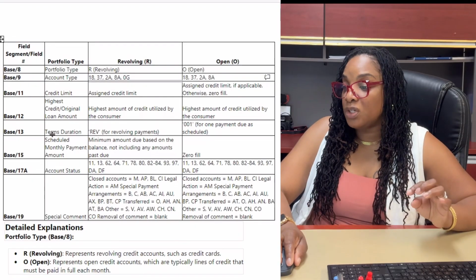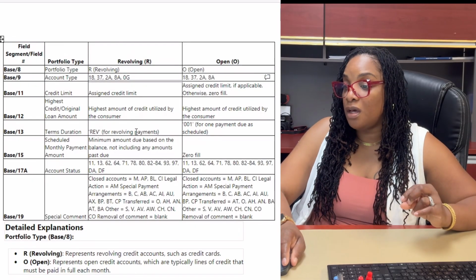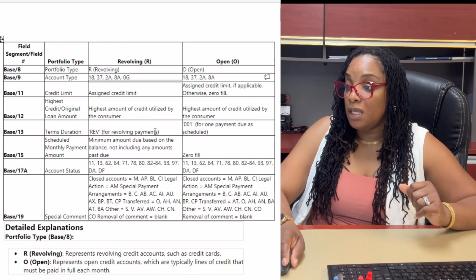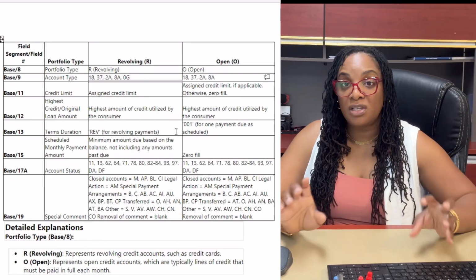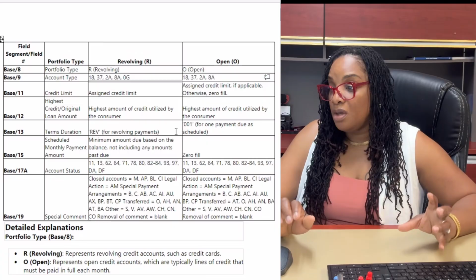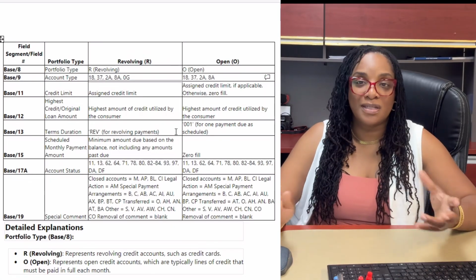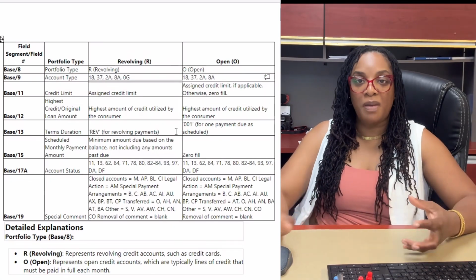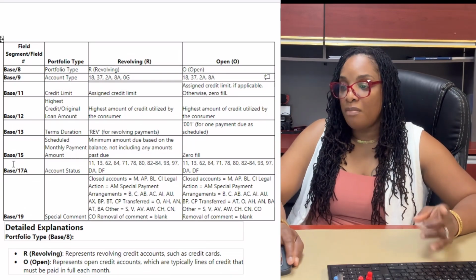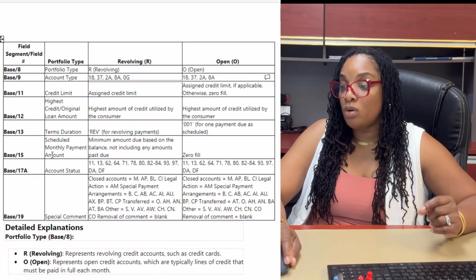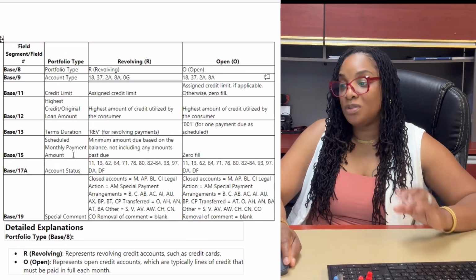So base 13, terms duration, it should be revolving, and it should have the number of payments that you agreed to pay. If it's a credit card, it's going to say revolving. It's not going to say a number of payments, but if it's a loan, it's going to have the number of payments. Base field 15, scheduled monthly payment amount.